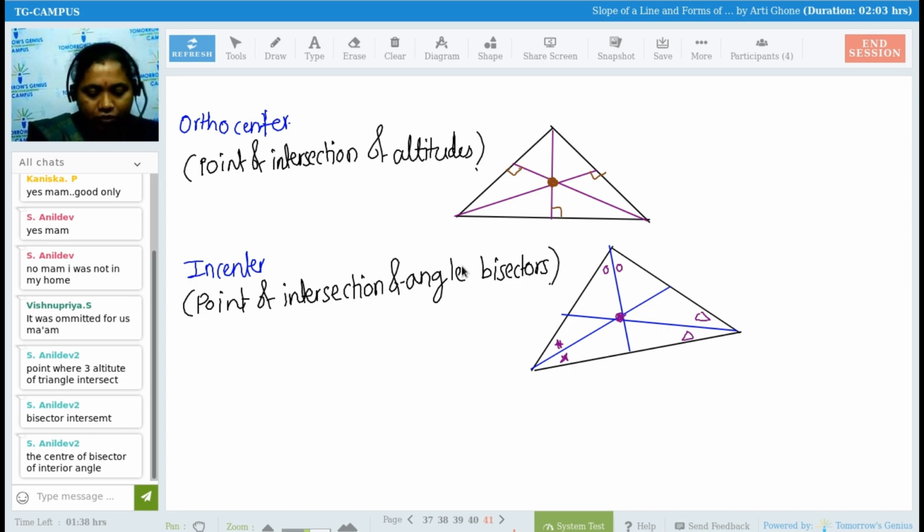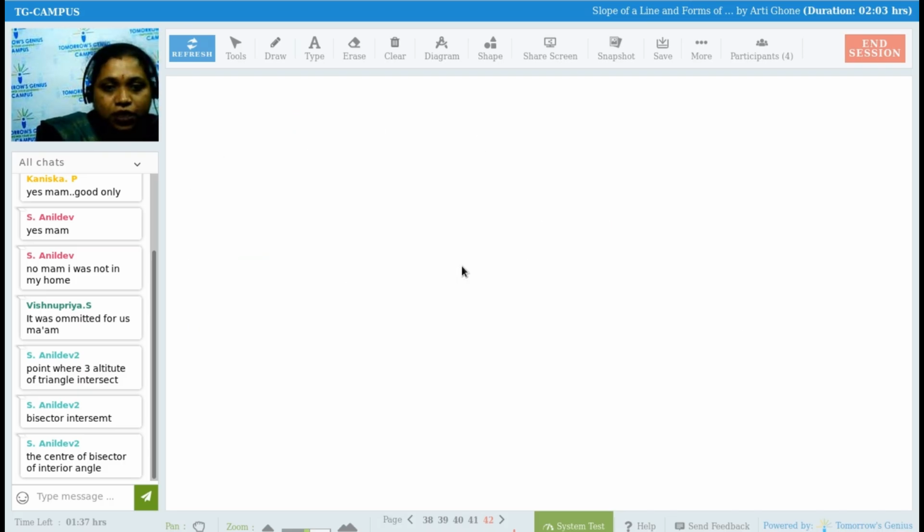Now what is the centroid? The centroid and the formula of the centroid. Quickly. These three geometries are really important, that's why I'm taking the centroid. These are triangle geometries.